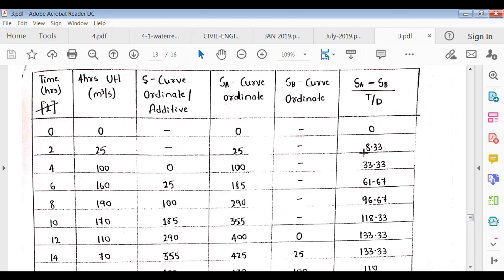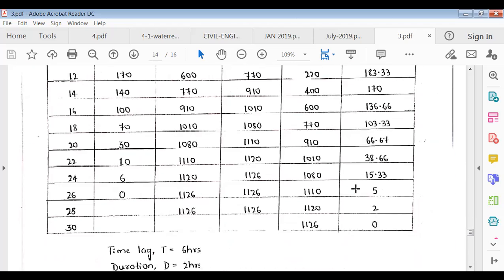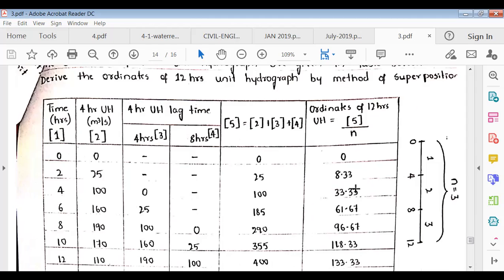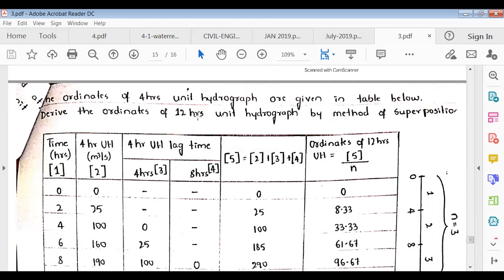So 0, 8.33, 33.33, 61.67, the same values are here. Only the method is different. If you solve by both methods, you'll get the same answer, either by S curve or by method of superposition. If they specifically mention any method, then you have to solve by that particular method itself.